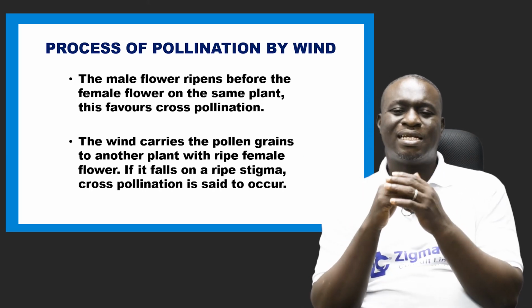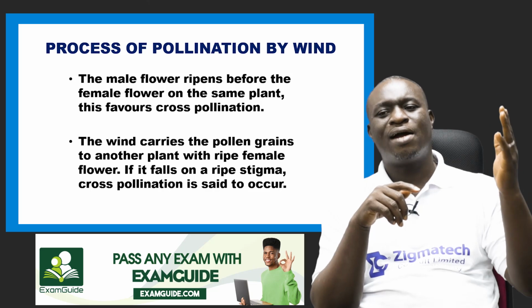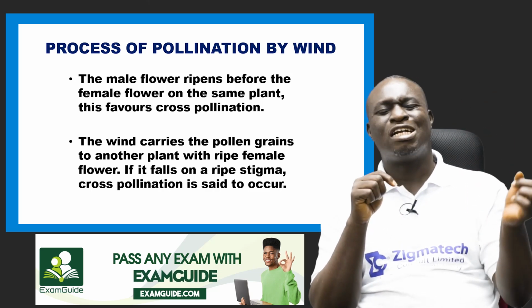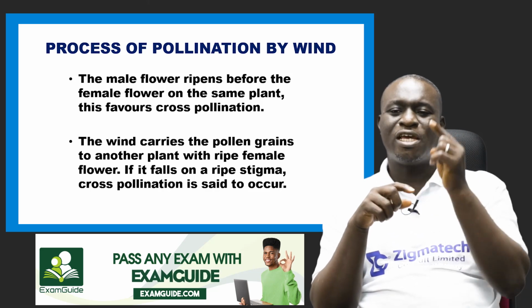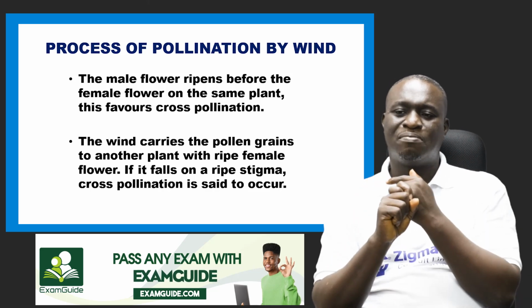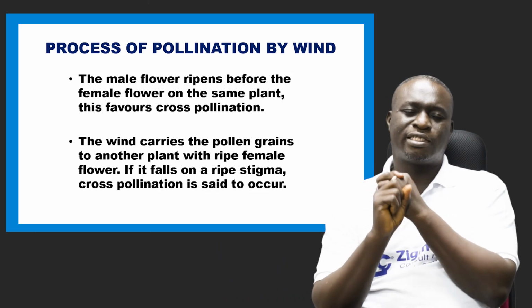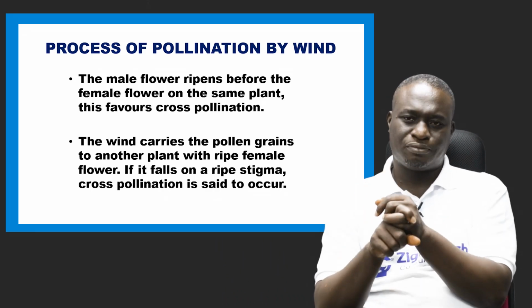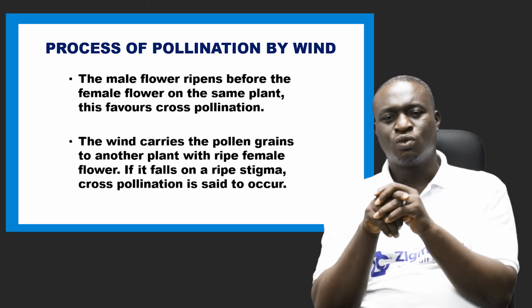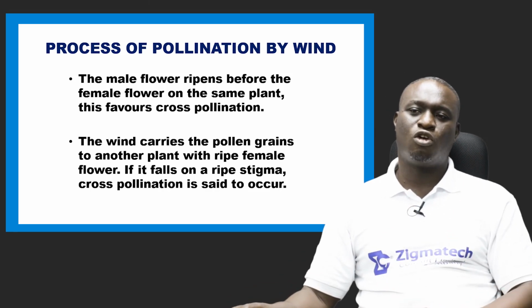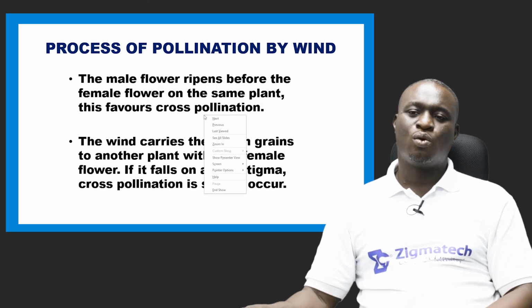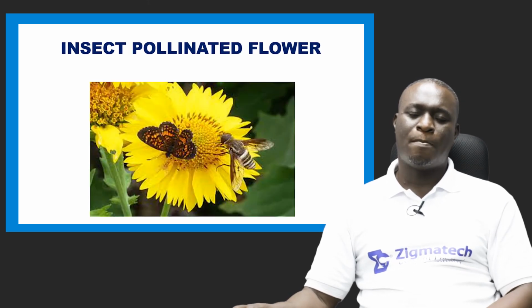And then the wind carries the pollen grains to another plant with ripe female flowers. Now, if it falls on a ripe stigma, cross-pollination is said to have occurred. So this is the process of pollination by wind.